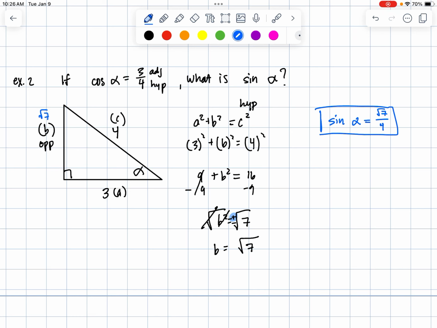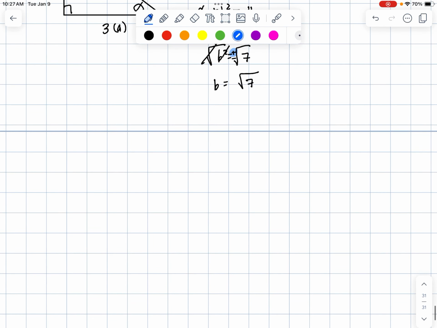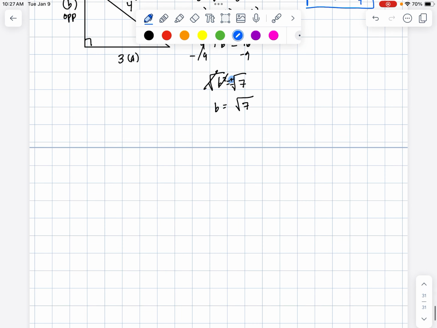All right, so the last part of part 1 of this lesson is going to be working with special right triangles. This is something we more so have to memorize for now, and it involves the 30-60-90 and the 45-45-90.